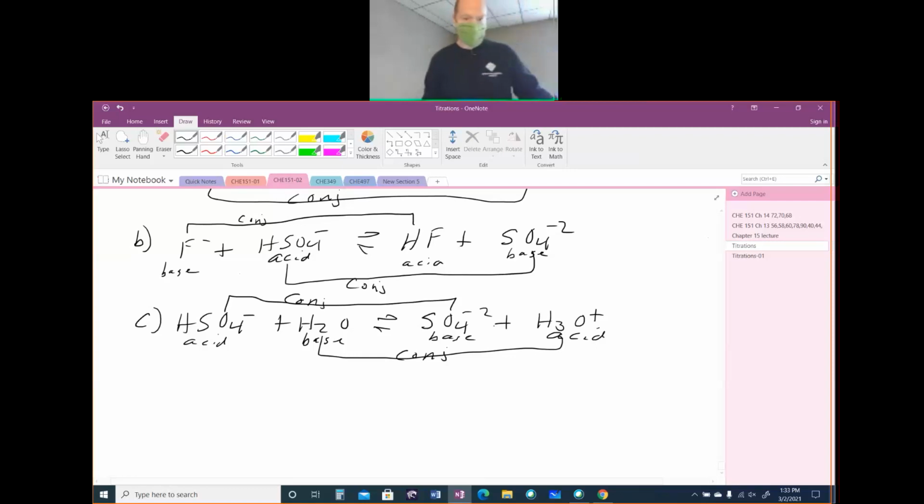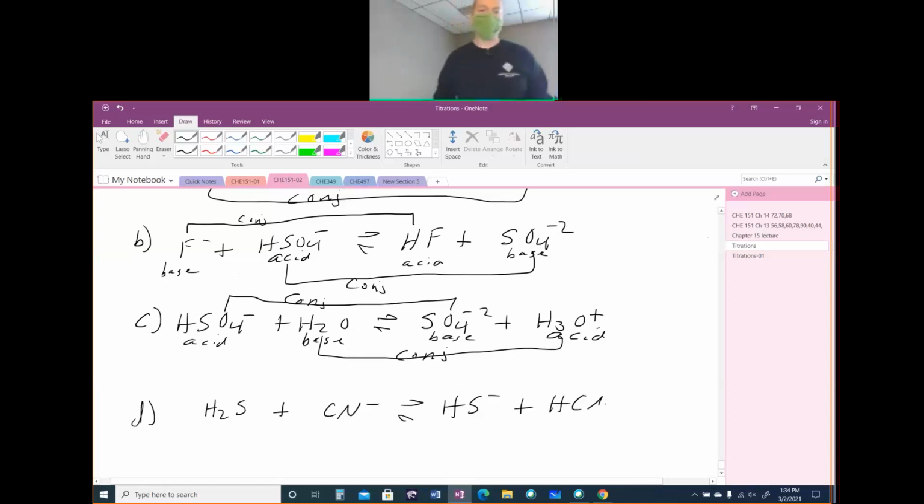And then finally, part D, you have H2S plus CN minus. So this can only go one way. Okay, you're going to get your HS minus and your HCN. So again, easy to see which two things differ by 1 H plus. Those are your conjugates.